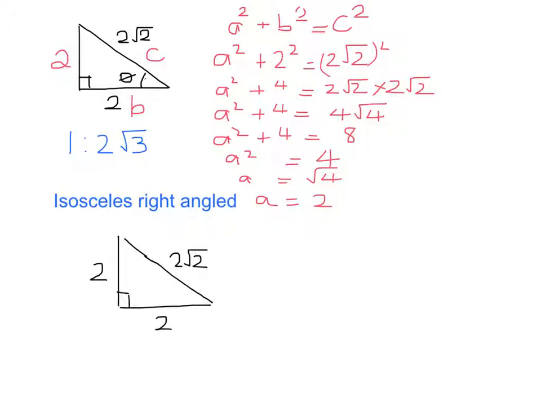So what do we know about isosceles triangles? We know that I have two sides the same and two angles the same. So therefore, if this angle is 90 degrees, my missing angles must both be 45. So therefore I can say from my problem, theta equals 45 degrees.